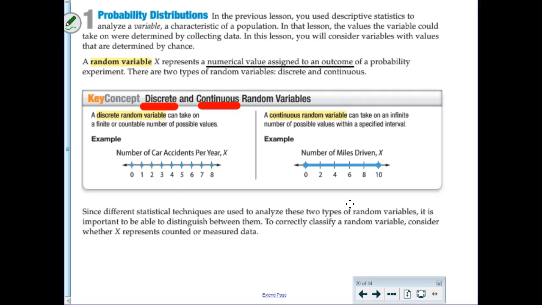But if I asked you to count the number of school buses that pass by the front of our school, that is a discrete random variable because you can count. You can't have 2.5 buses, can you? You have a bus, another bus, a bus. So that's the difference in the variables.